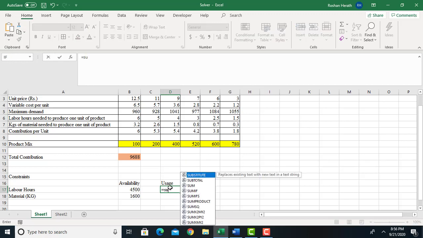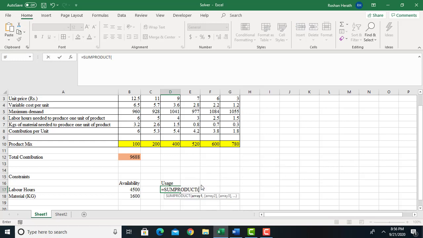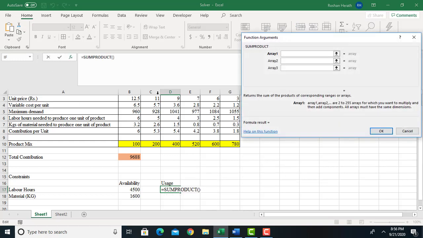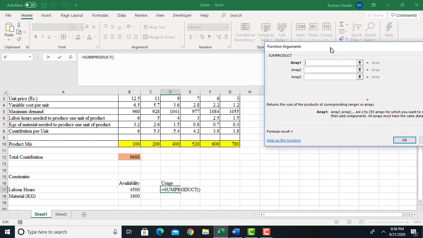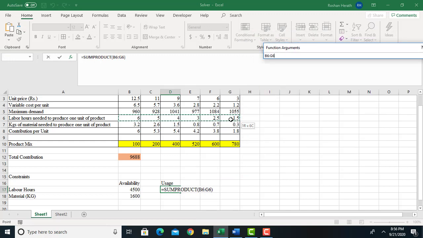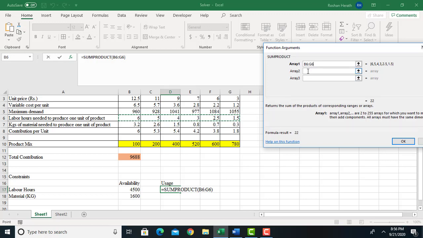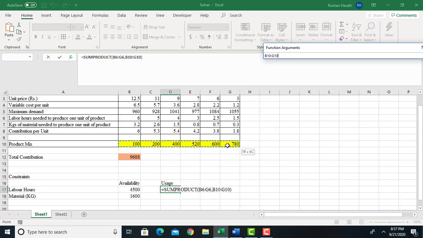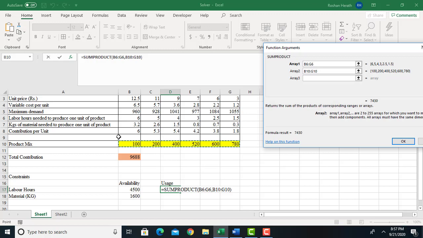So again, you can apply your knowledge, that is sum product, you can get it. You can get them multiplied. The labor hours needed to produce 1 unit by the product mix. At the moment you have this product mix, that is the production.